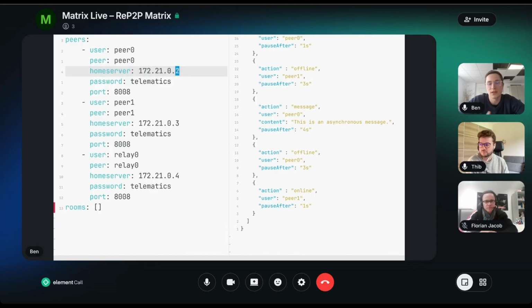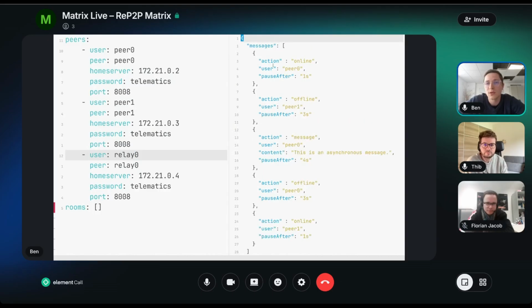So a home server in the federated Matrix world is actually a peer in the P2P Matrix world. And we can configure the password and the port and more users. So we have 2 users in this room, peer 0 and peer 1, and also a relay. So both of these peers use one relay. So this is quite a minimal example.